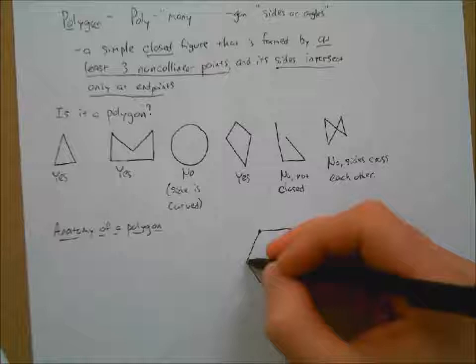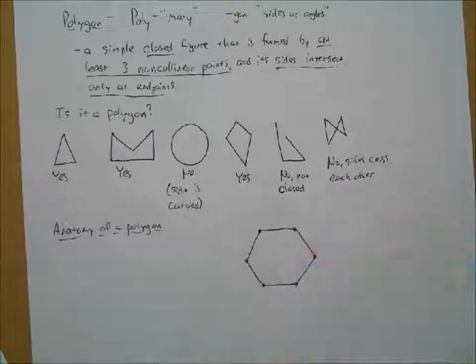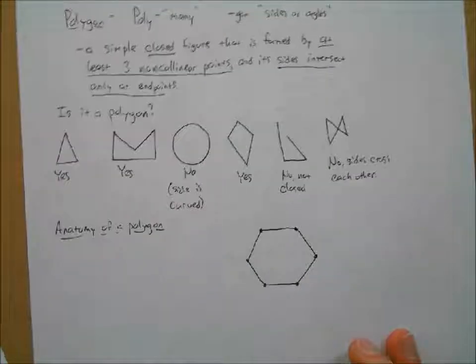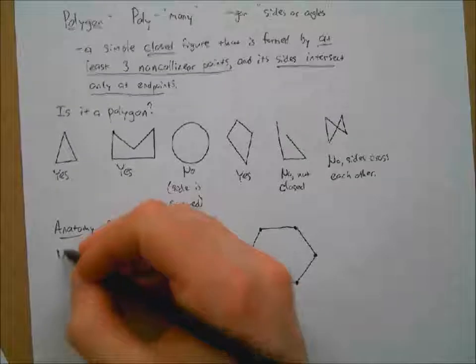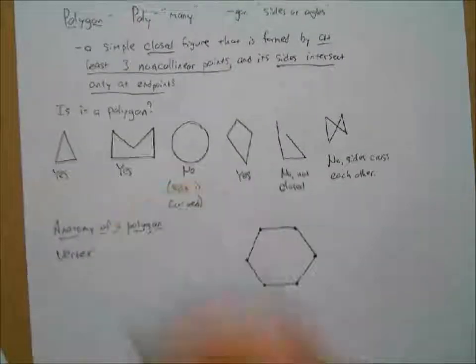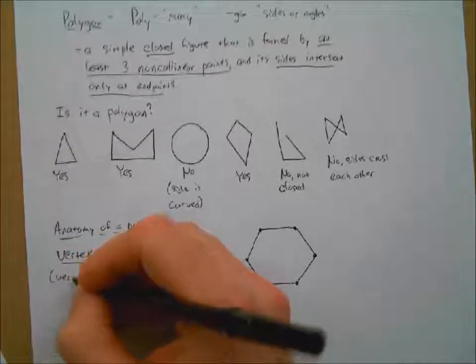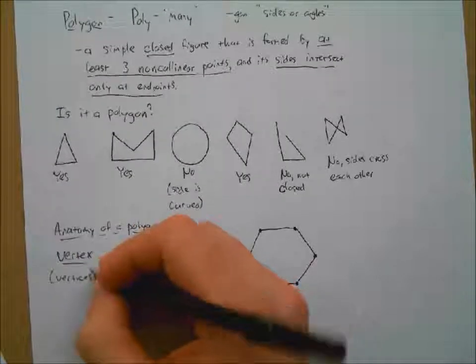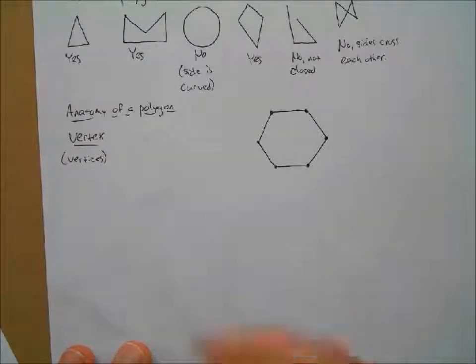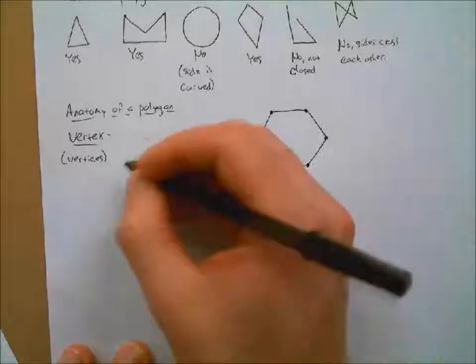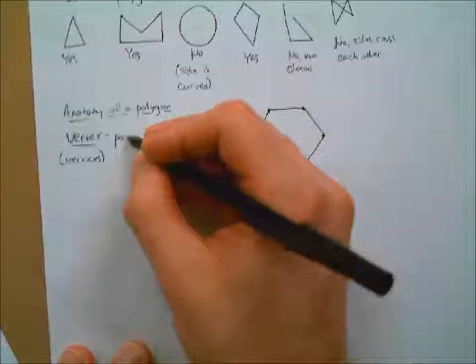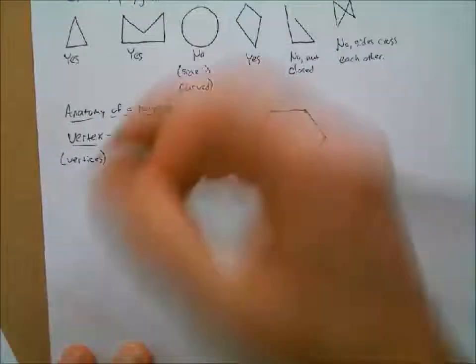Just get some more pronounced points here. On a polygon, we have a vertex, or its plural, vertices. These are points that determine the polygon.